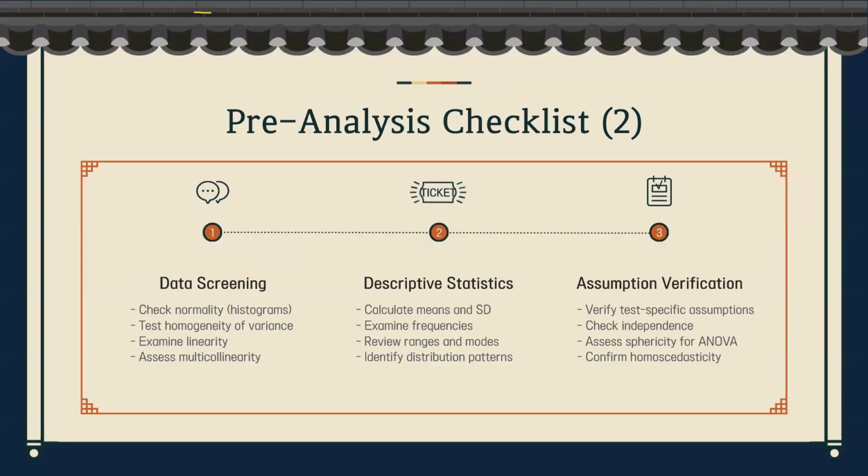Continuing the checklist. Fourth, data screening. Check for normality, data distribution, and homogeneity of variance. Fifth, calculate your descriptive statistics, means and standard deviations. Finally, assumption verification.